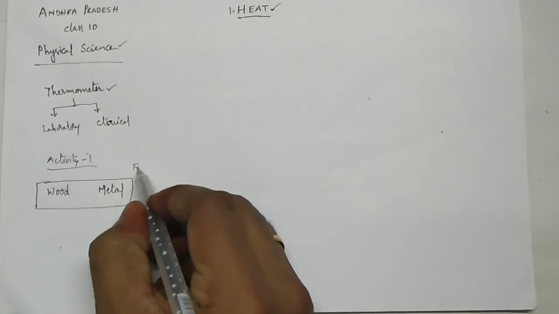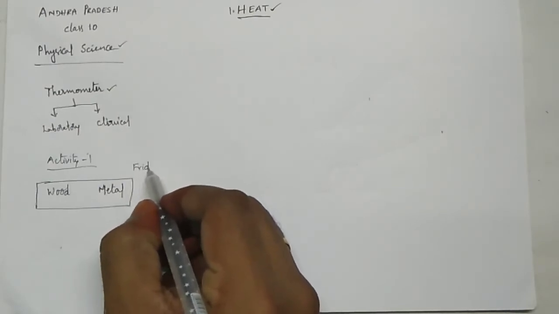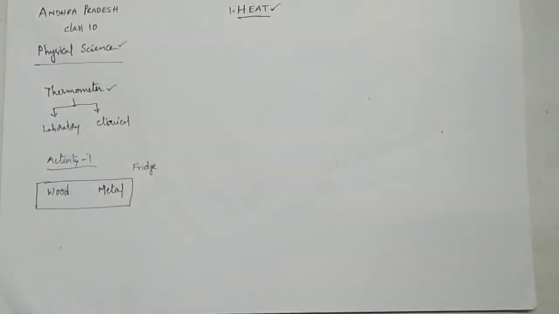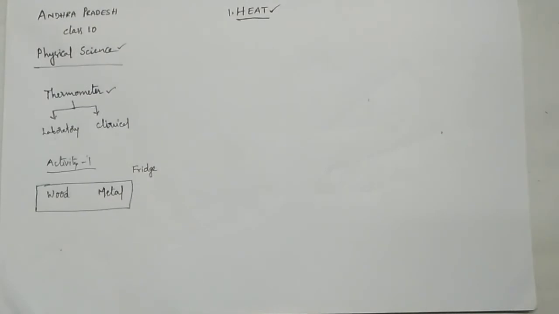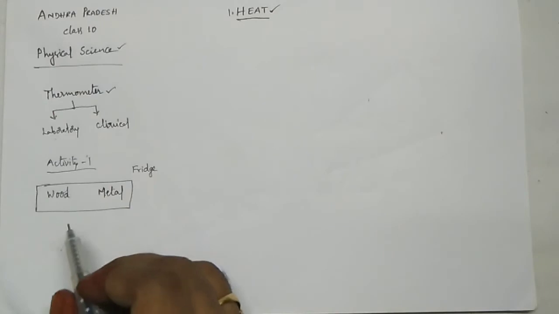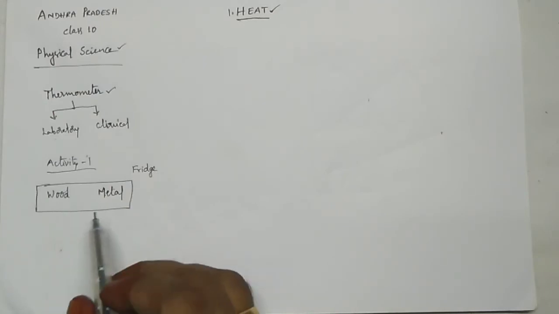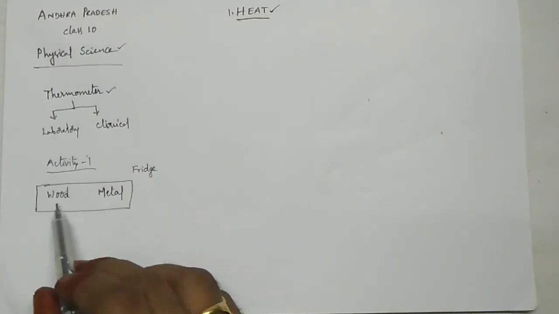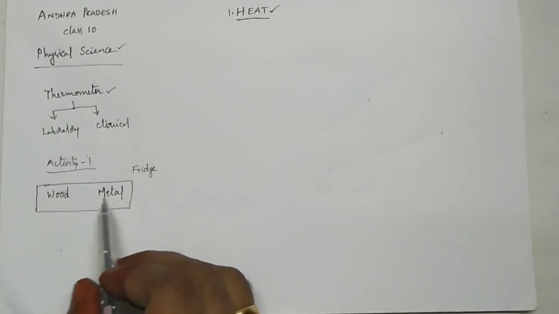When we place things in the fridge, what will we observe? They are going to become cool. After some time, they'll become cool. Now, by touching these two with your hand, you can identify which is cooler and which is hotter.